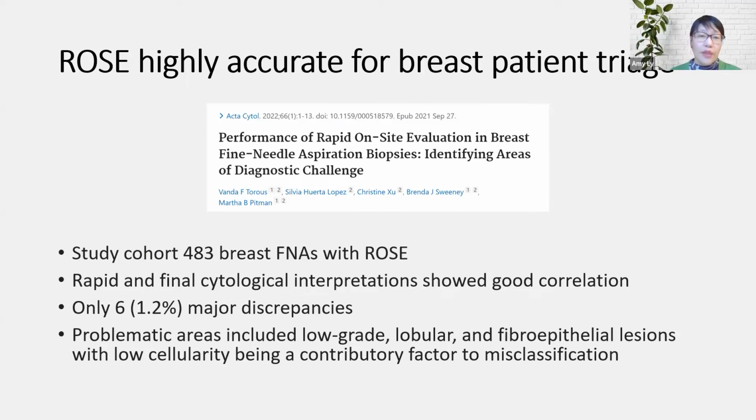One important element of breast FNA is the ability to provide a rapid on-site evaluation, where at least a portion of the sampled material is reviewed while the patient is still in clinic. So this supports multiple agendas. One, the pathologist can check for adequacy of the sample for diagnosis, and so avoid a scenario where the patient has to be brought back for additional sampling.